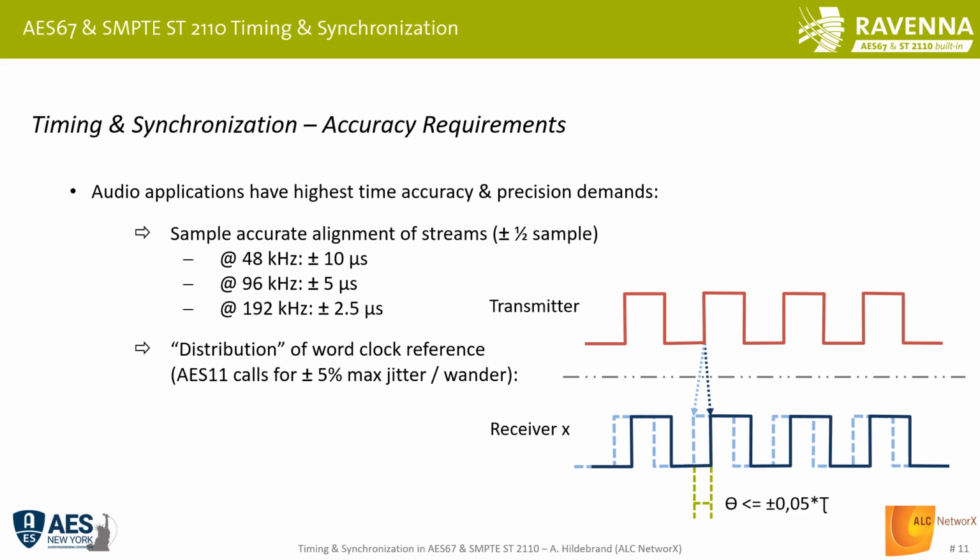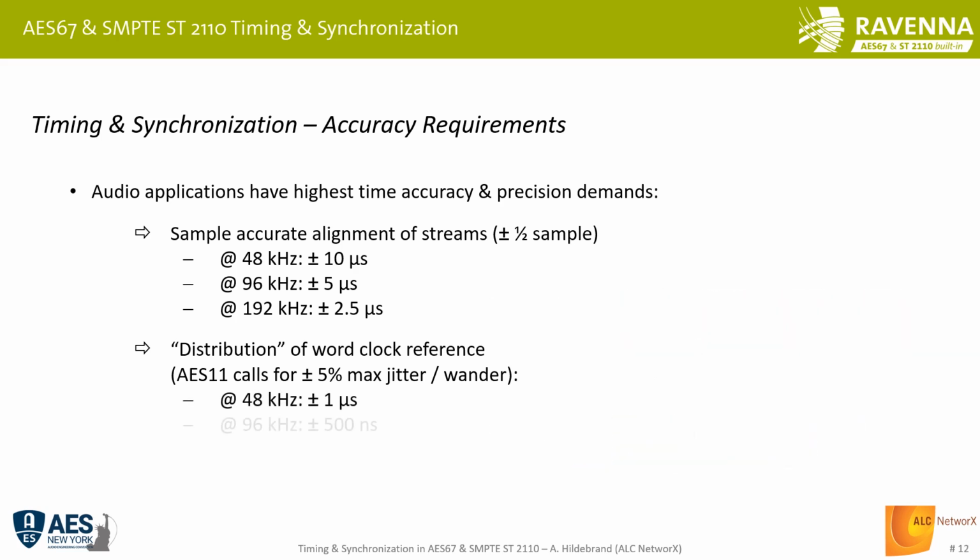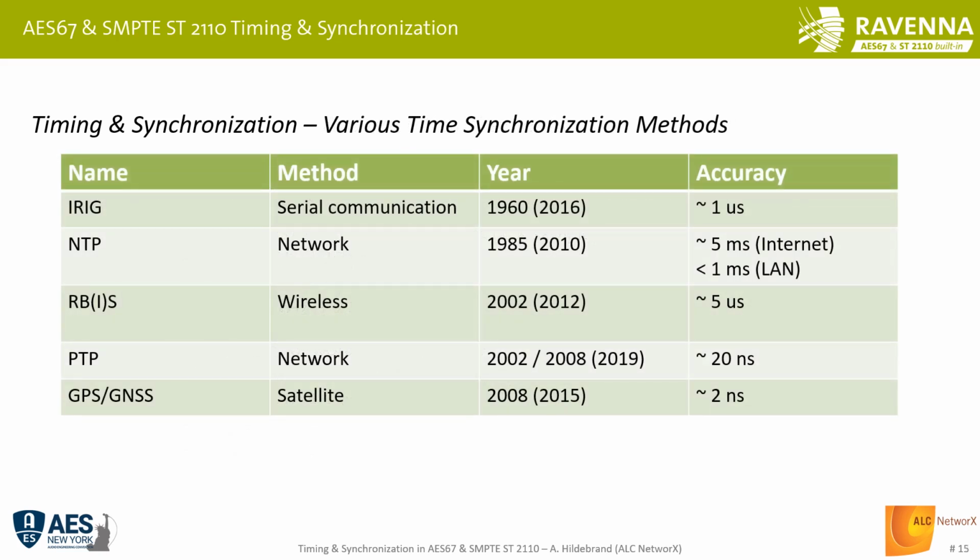We are not allowed to have a deviation of more than ±5% of the phase accuracy of the transmitter. All right, so in numbers, at 48 kilohertz, this is ±1 microsecond. At 96 kilohertz, we have ±500 nanoseconds, and at 192 kilohertz, that is already down to ±250 nanoseconds for the maximum allowed tolerance among any two devices on the network.